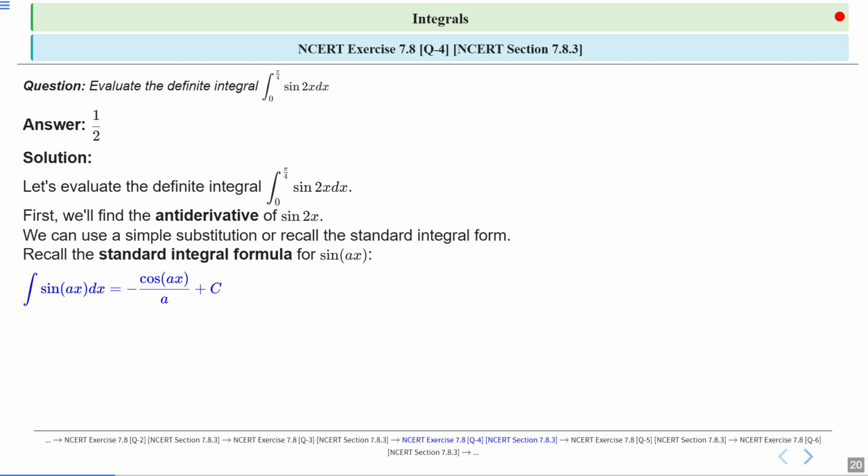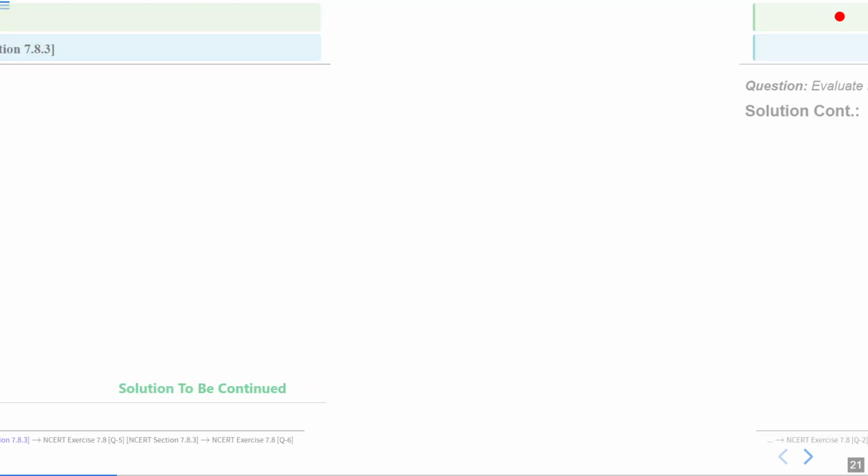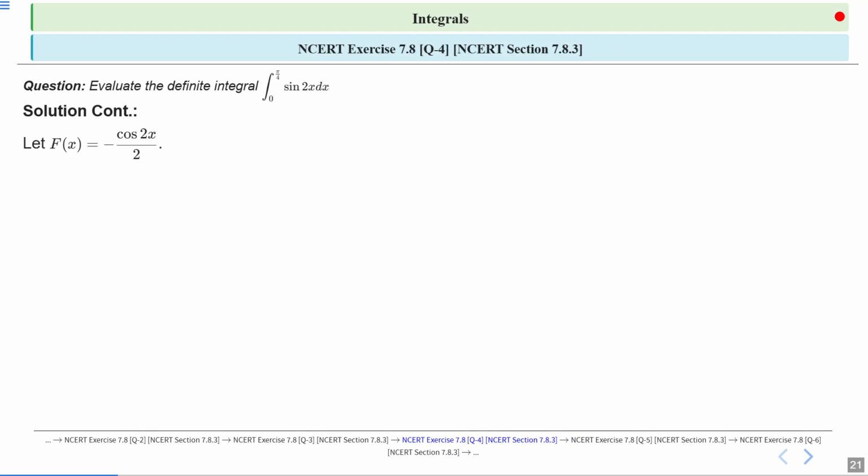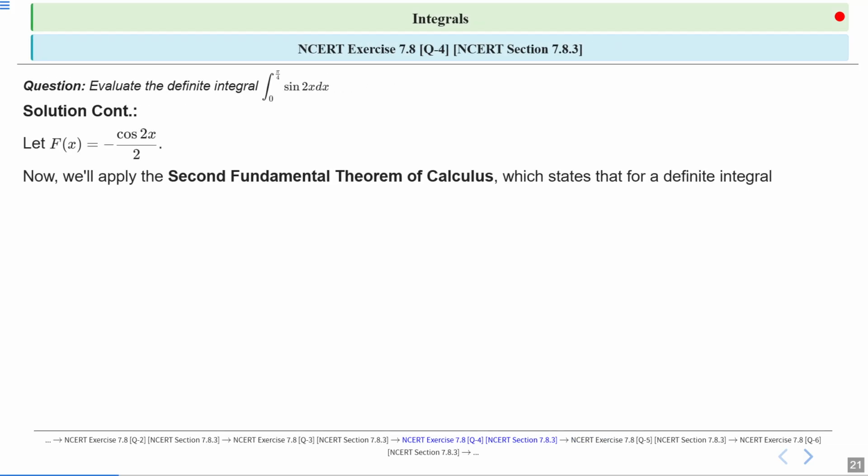Just substitute 2x is equal to t, differentiate, and we get the same formula. Applying this, we get the value of the antiderivative as minus cos 2x by 2. So Fx is equal to minus cos 2x by 2.